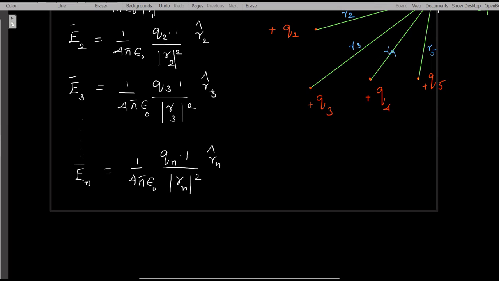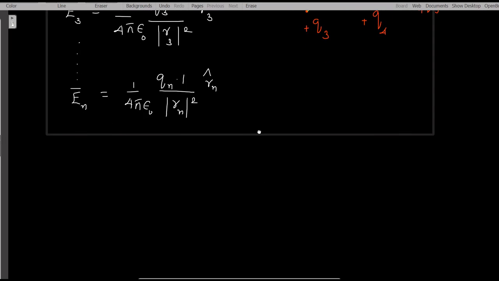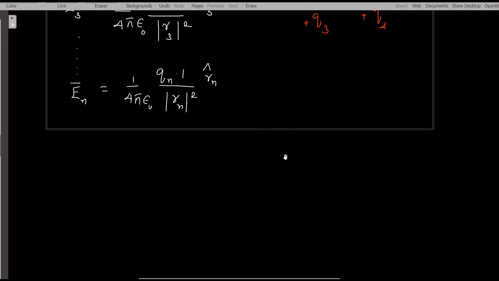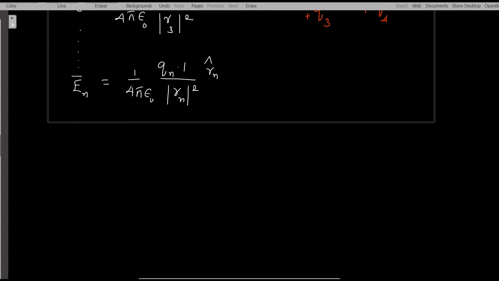So we have represented all these individual fields due to the charges q1, q2, q3, etc. Now let us calculate the net field at P due to all these charges.